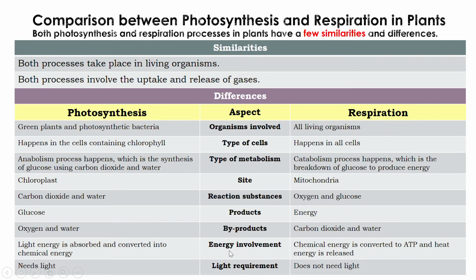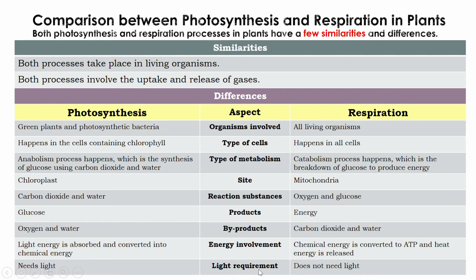Okay, energy involvement: energy is absorbed by chlorophyll and then converted to chemical energy in the form of ATP. But for respiration, chemical energy is converted to ATP, and heat energy is released. Okay, so this is what happens in respiration.